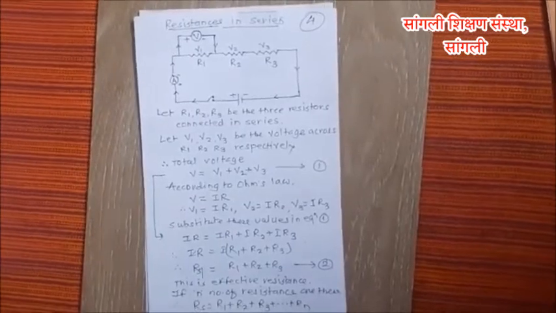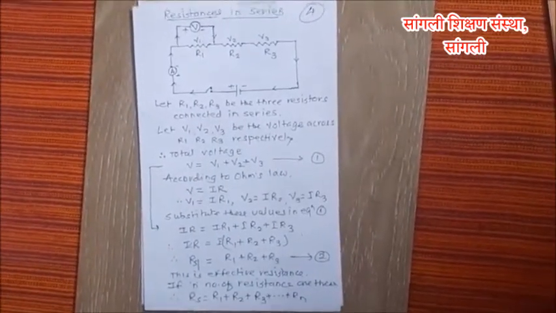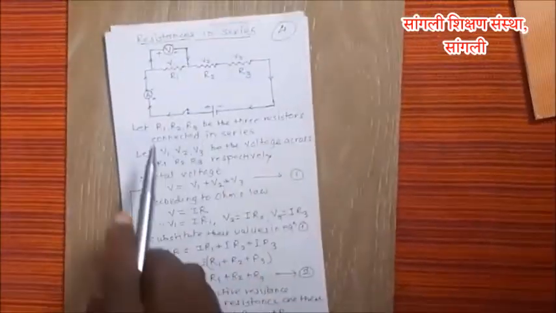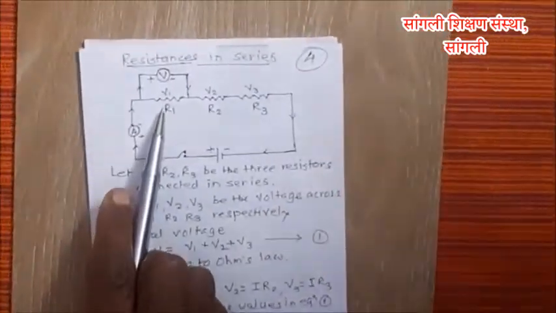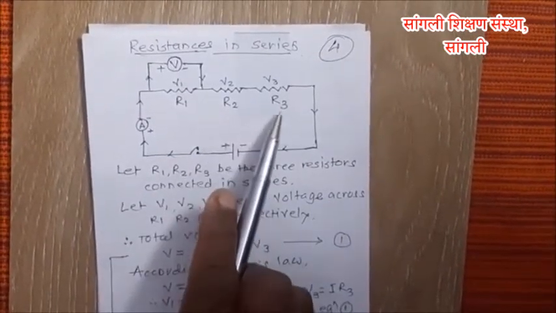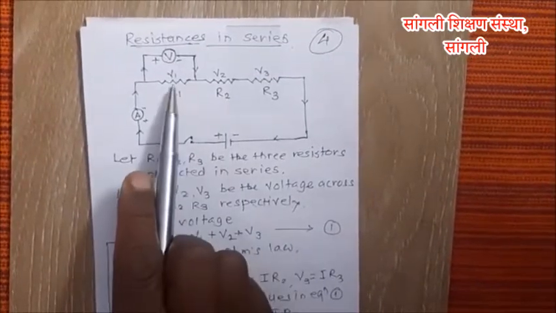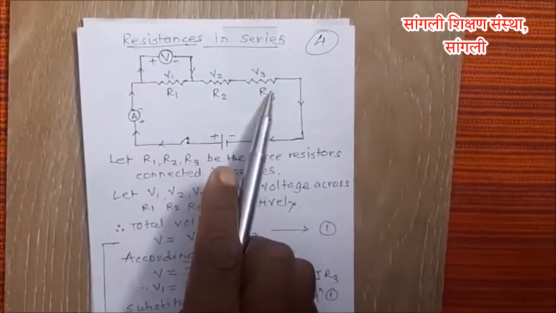Students, let us discuss resistance in series. Look at this. This is the resistance R1. This is the resistance R2. This is R3. These are the three resistances which are connected one after another.